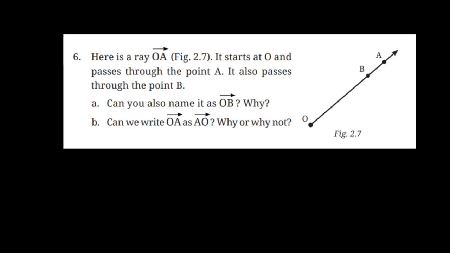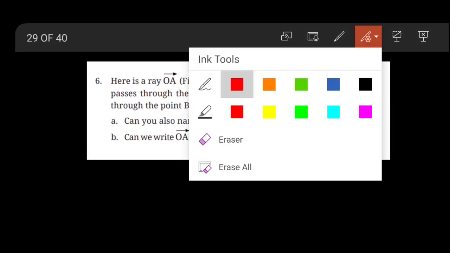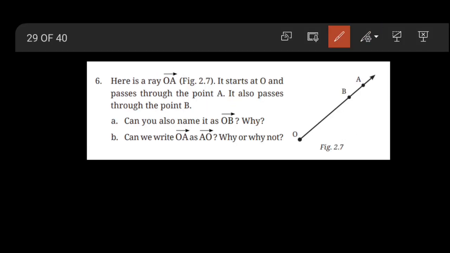Question 6. Here is a ray OA in figure 2.7. Consider ray OA. It starts at O and passes through point A. It also passes through point B. On the given information, we have to answer questions A and B. A: Can you also name it as ray OB?